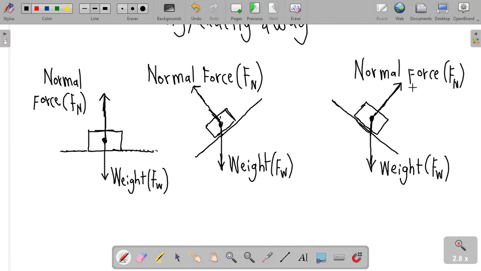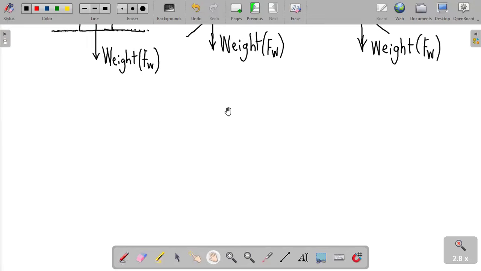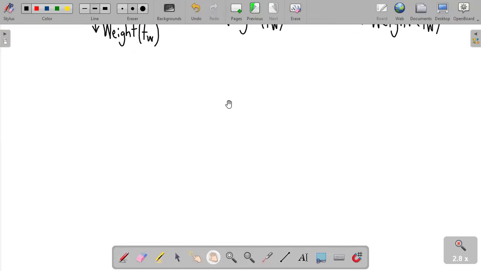In all the three cases that you see here, the object is resting on a surface. So what would happen if we apply a force and we make the object move?